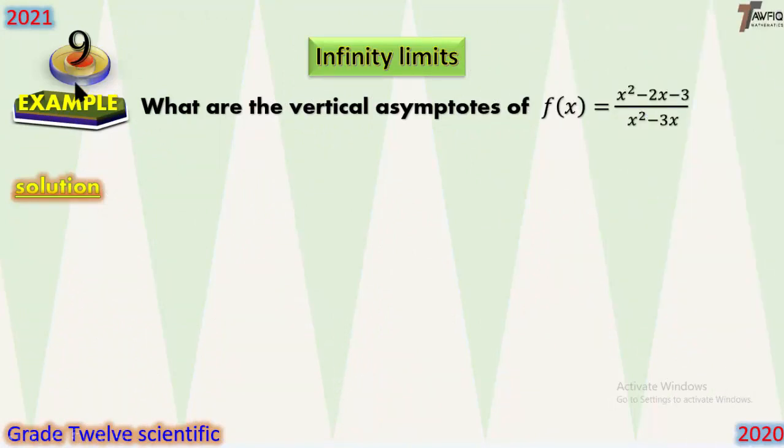Example number 9. What are the vertical asymptotes for the function f of x equals x squared minus 2x minus 3 over x squared minus 3x?